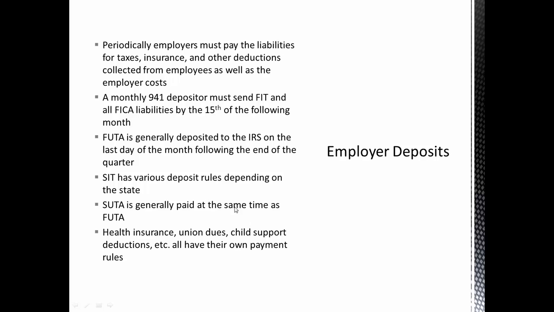SUTA is generally paid at the same time FUTA is. It's just not deposited. You actually pay with a check with the form itself. Health insurance, union dues, child support deductions, all these other things all have their own payment rules, and you'll have to know what they all are so that you know when you have to pay this stuff.